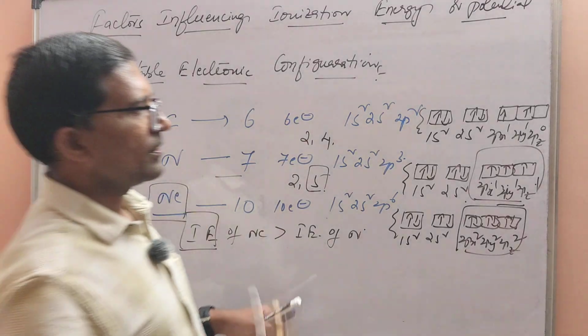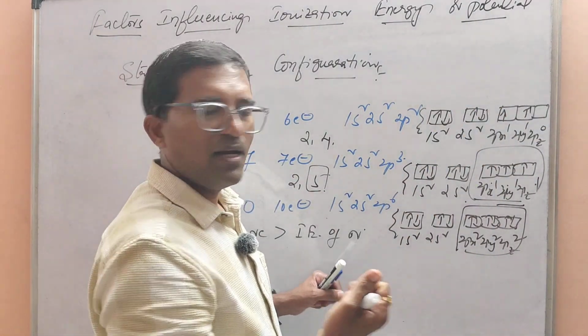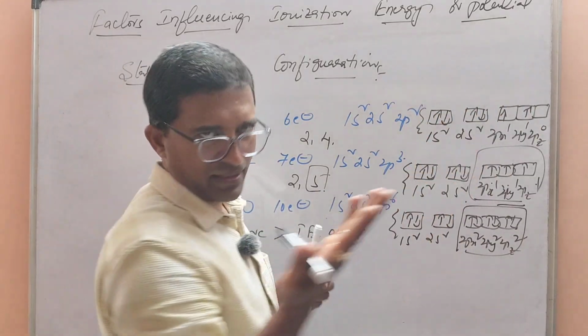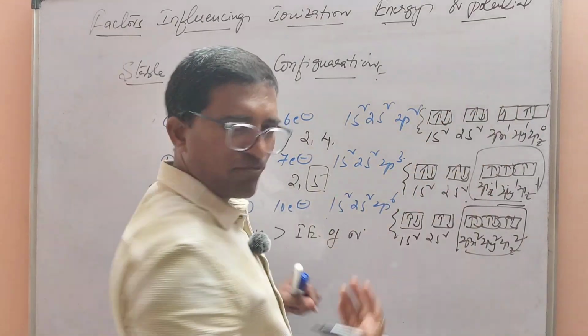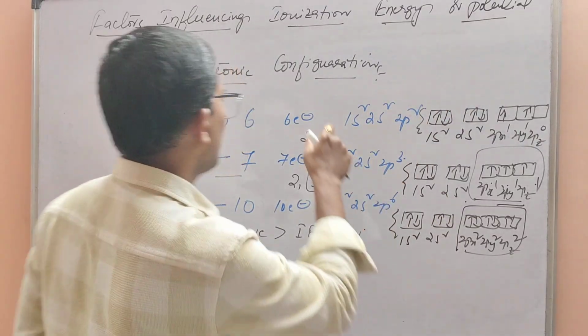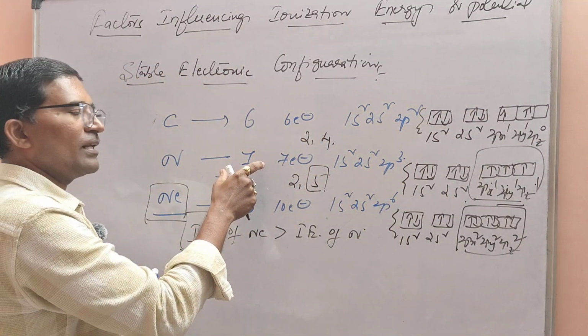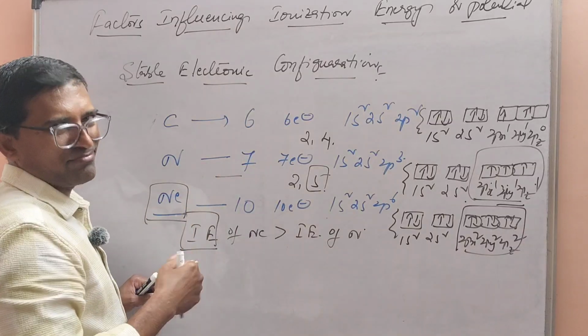And next, carbon. We don't have any half filled orbitals, and we don't have any fully filled orbitals. It is less than half. So we can remove the electron easily in carbon compared with nitrogen. We can remove the electron easily for nitrogen compared with neon.